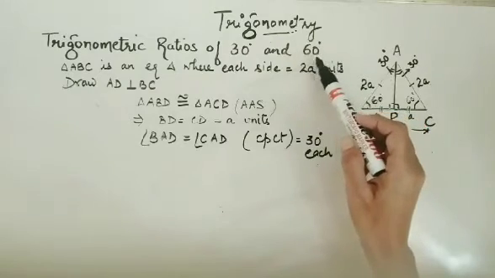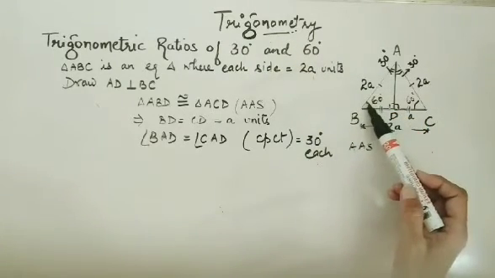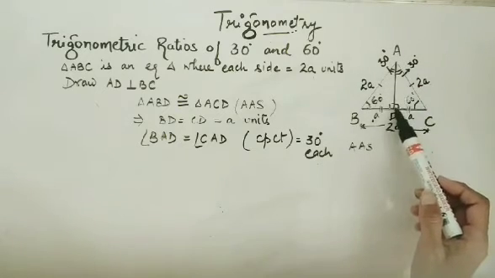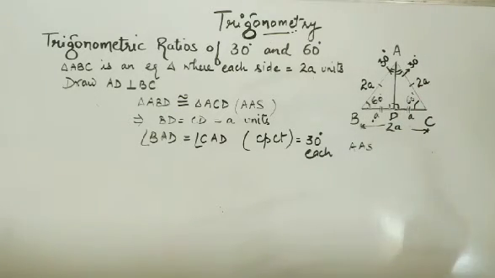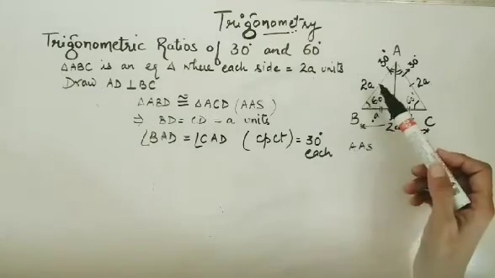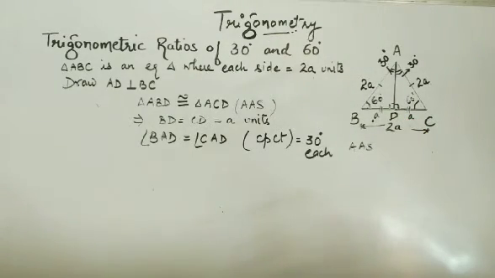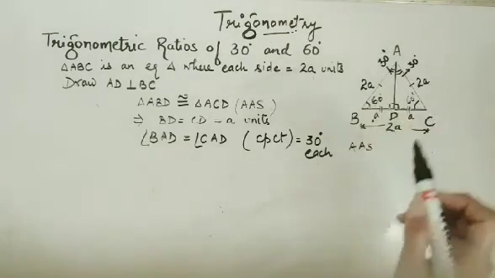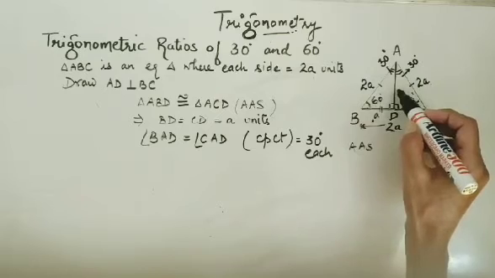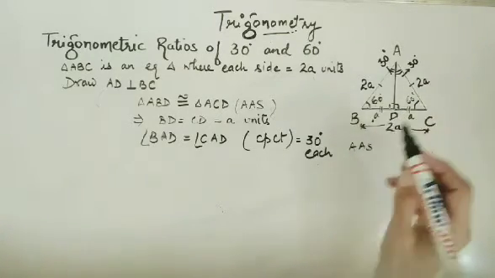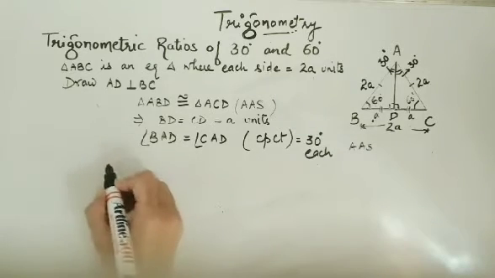And when you talk about 60 degrees, base would be BD, perpendicular would be AD, and AB as usual would remain the hypotenuse. So let's begin, but before that let's find out the measurement of AD, because this would be perpendicular or base according to the situation, so we should know the value of this.